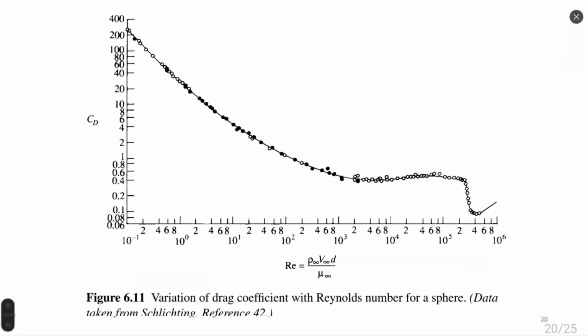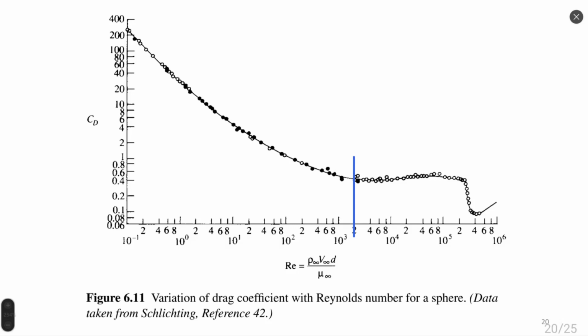Next slide shows to us drag coefficient for sphere for different Reynolds number. First part of this figure shows laminar flow. It's mostly, I think, until some thousand of Reynolds number.